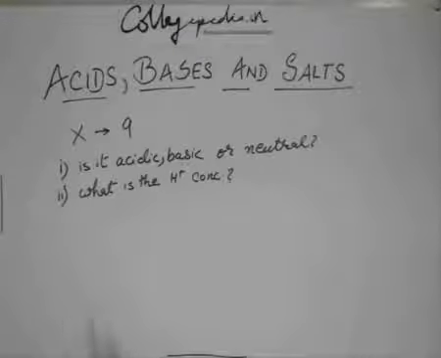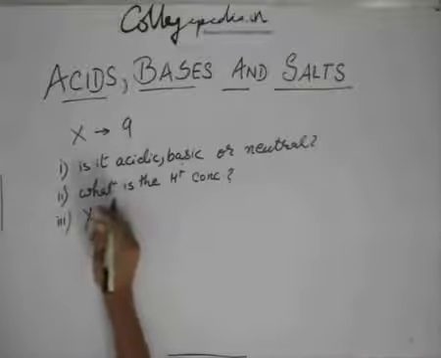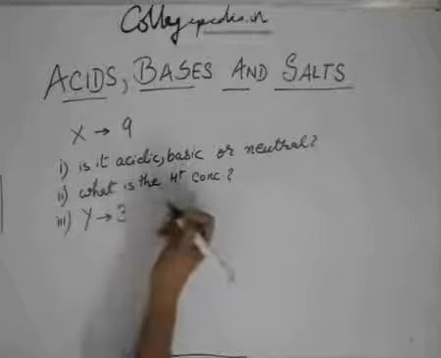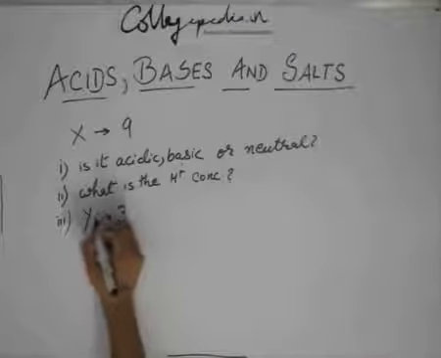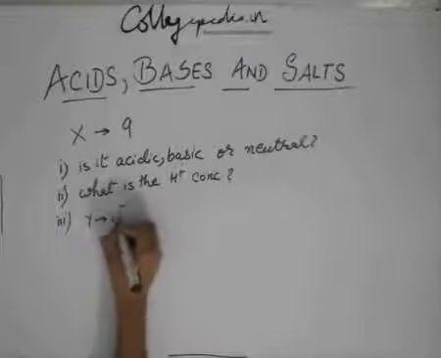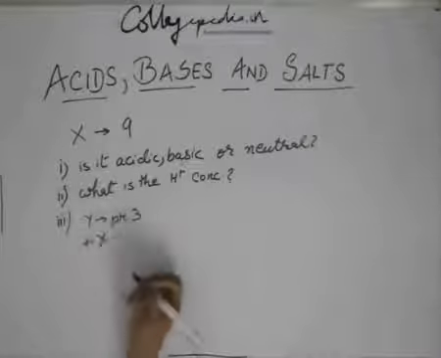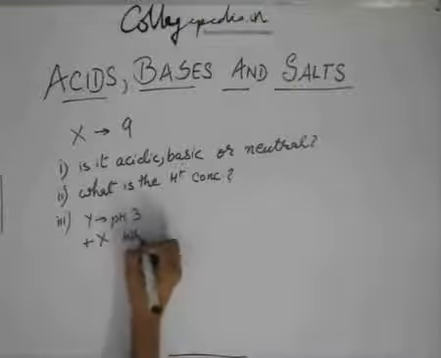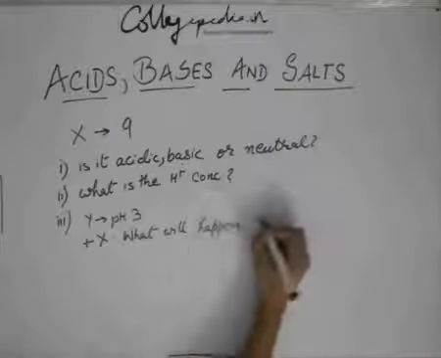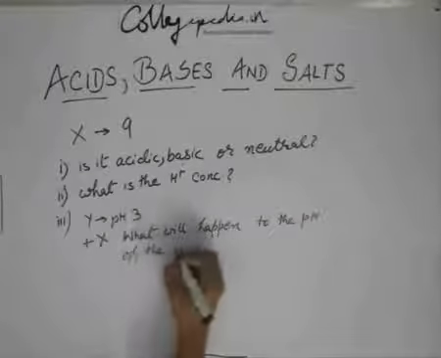And now if I say that another substance Y having a pH of, suppose, 3, so the pH of Y is 3, and it is added to X, then what will happen to the pH of the mixture?